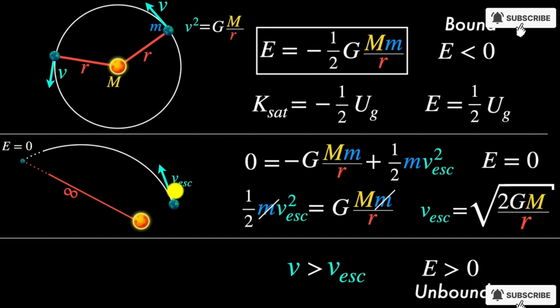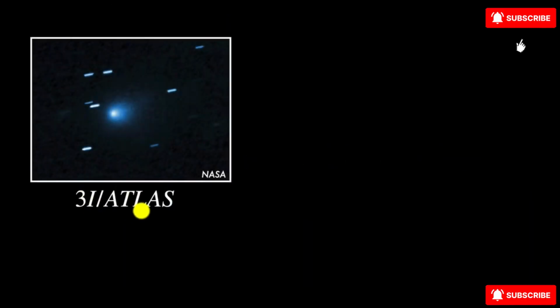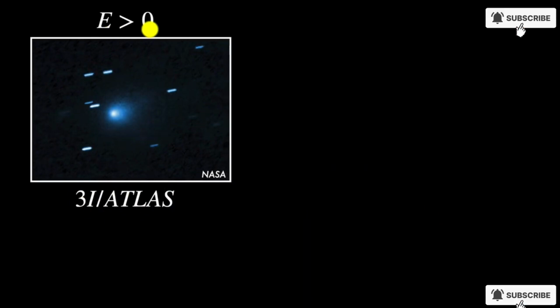And so look, if you can measure the speed of an object and you know its position, you can tell whether it's in the bound state or the unbound state, and from that, we can tell whether we'll see that object again, or it will escape the gravitational influence of the parent body. So if you go back to 3I/ATLAS, it turns out that the total energy is more than zero. It's in the unbound state, and therefore we are sure that it will never turn back.